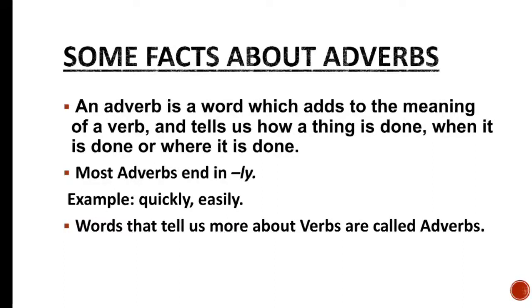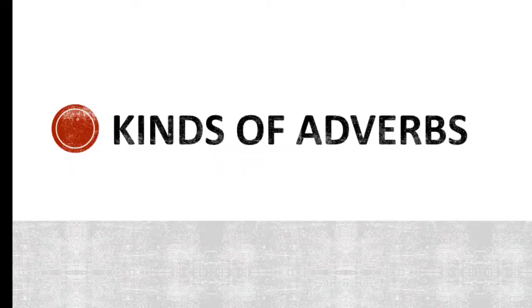Words that tell us more about verbs are called adverbs. So these are some basic facts that we had already discussed in the video about adverbs. There are many other things that we discussed in the video, but I have just taken some of the points from there so that you can learn more about adverbs and the kinds of adverbs now.